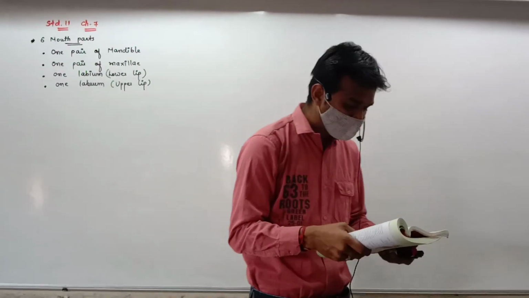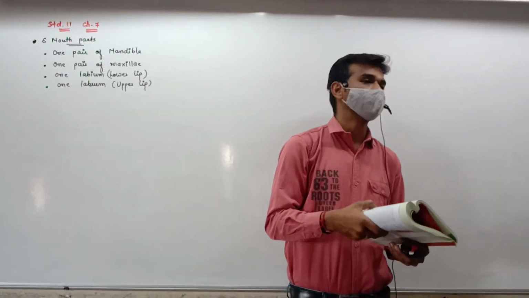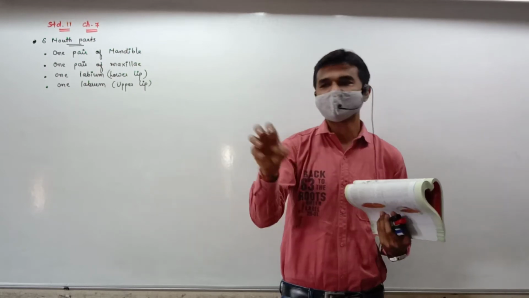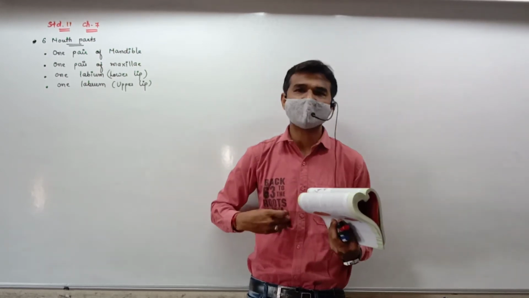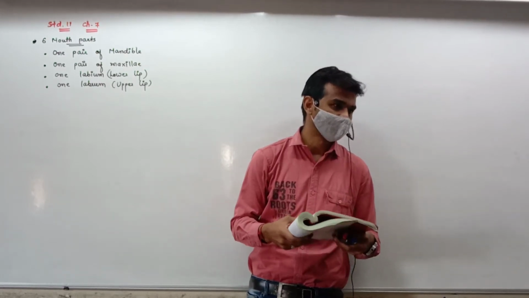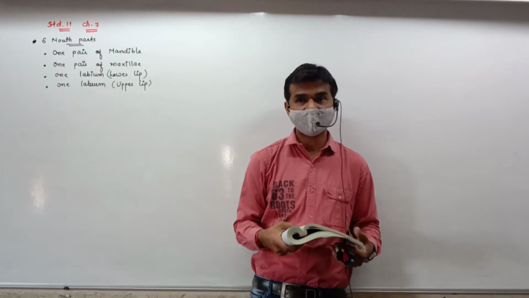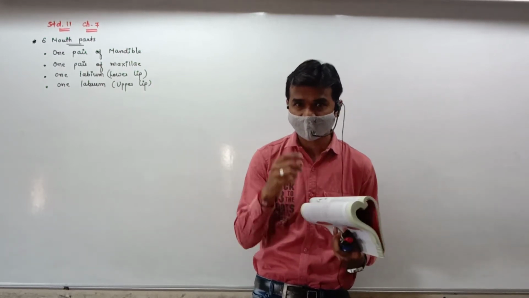A median flexible lobe acting as a tongue. On the centermost hollow portion, the tongue-like hypopharynx is present. And as you know, we are done with the 16th chapter.